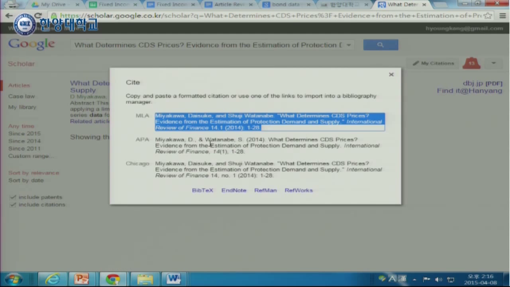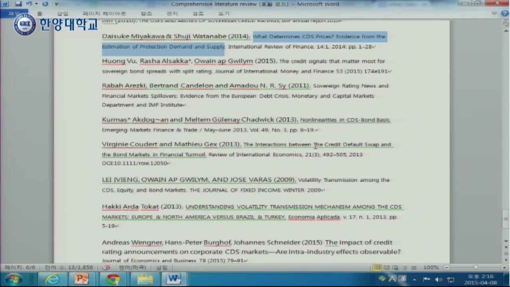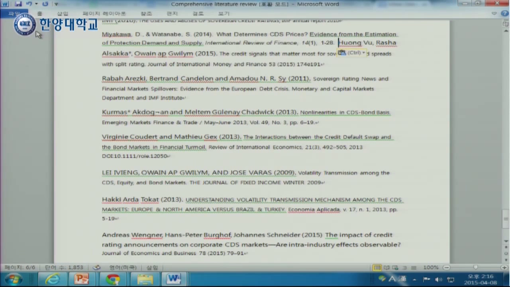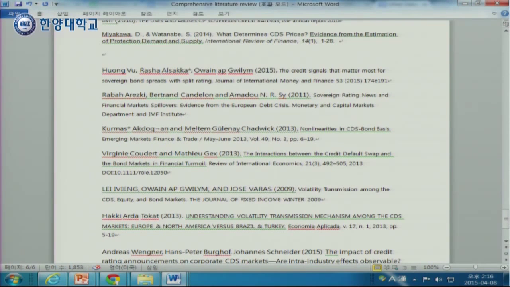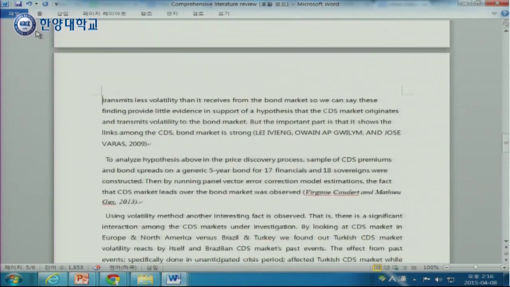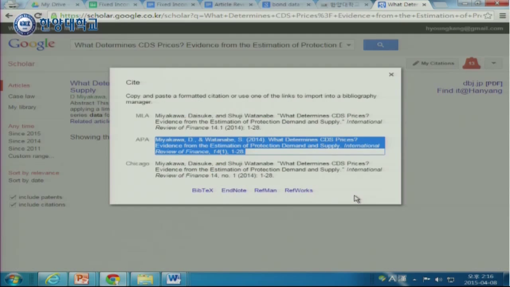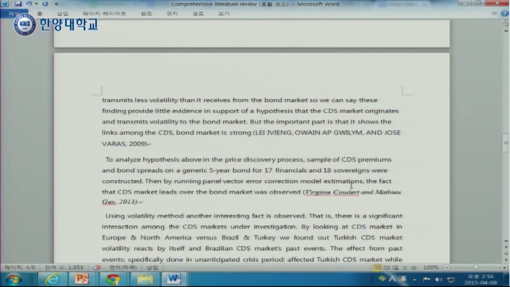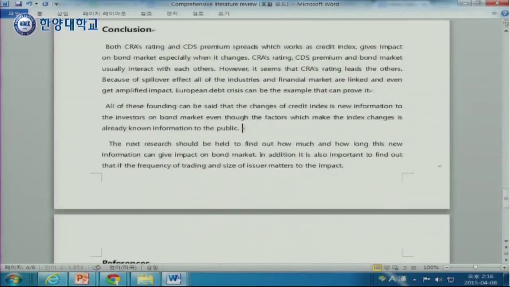Cite, this one, copy, and then delete this one, and then use that format. This is the APA format, right? Yeah, so it shouldn't be like this one. Except that part looks nice.